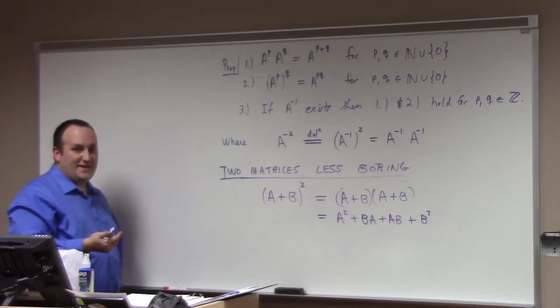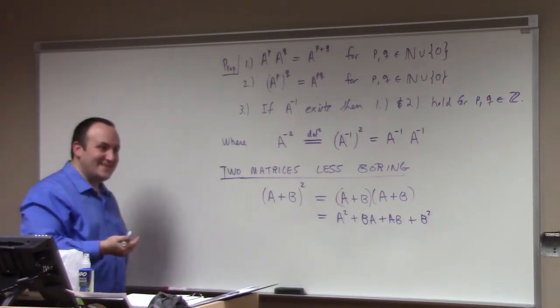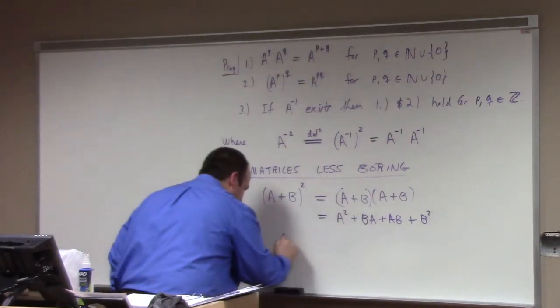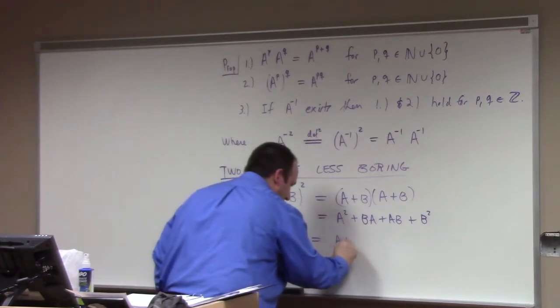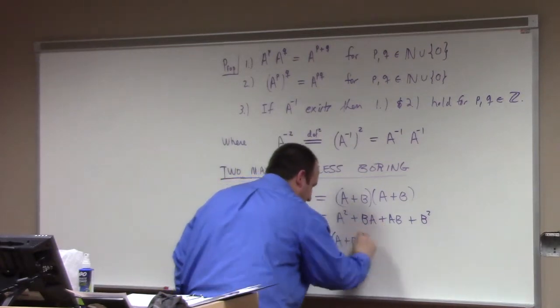And when you do something like a cube, it gets worse. So you've got A plus B cubed. Well, that's A plus B times this stuff.